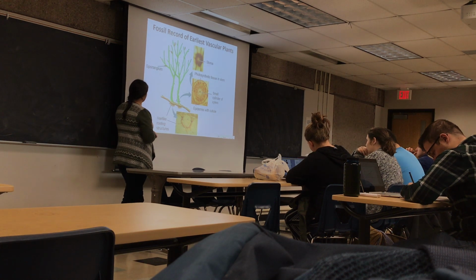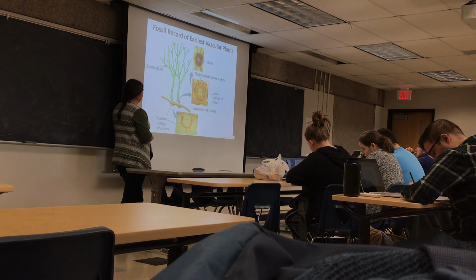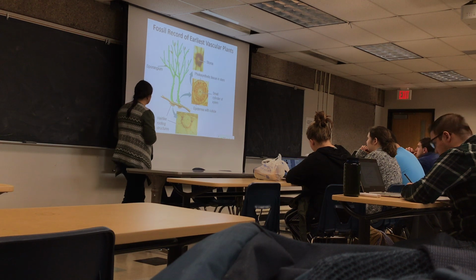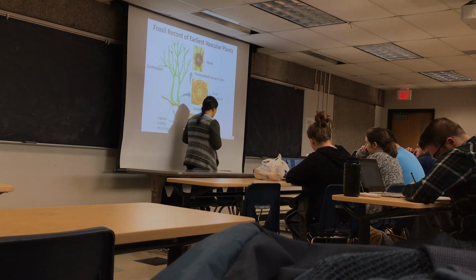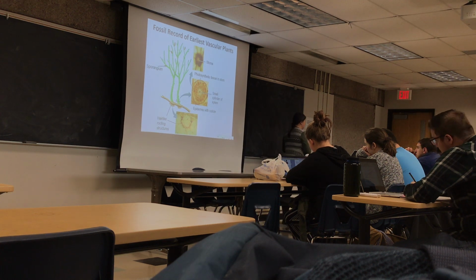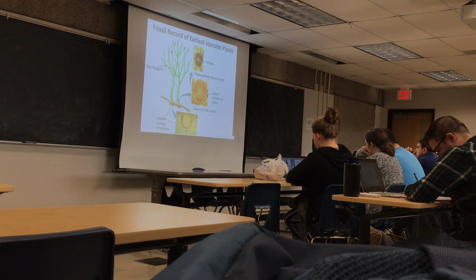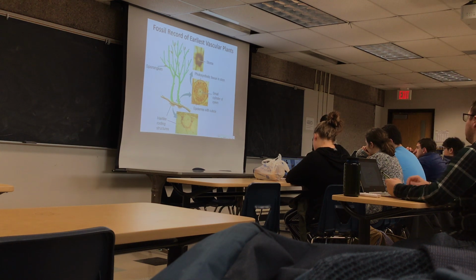So this is a representation of, we have some fossils of very early vascular plants, and this is a representation of what those plants may have looked like. These plants did not have true roots or true leaves. So the definition of root and leaf is that there is vascular tissue within those structures.